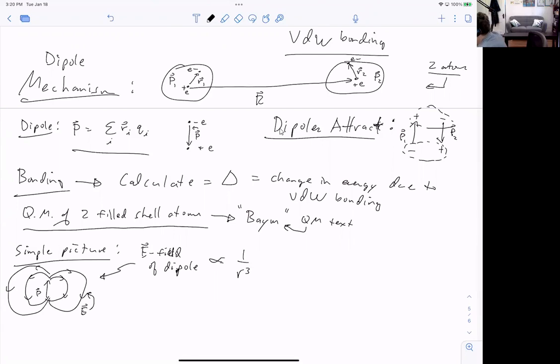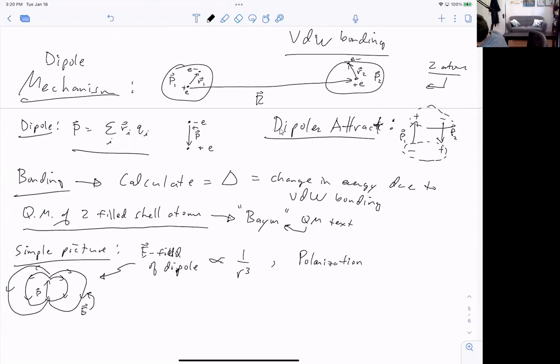So you know that. And something else that you know, or maybe you don't know, but we'll discuss it more in this class, and you might have learned it in another class, is this thing called polarization. Polarization is induced dipole.